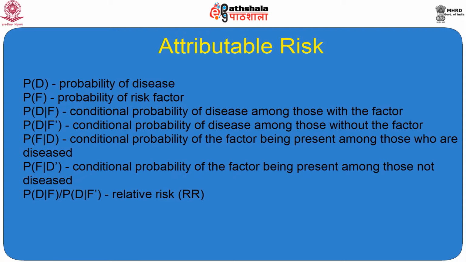That can also be seen as probability of disease among exposed with probability of disease among non-exposed. So that will give us the relative risk. There is a good relation between attributable risk and relative risk. Attributable risk and relative risk both are useful for cohort study.